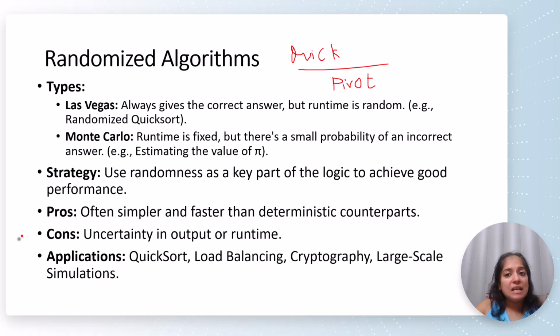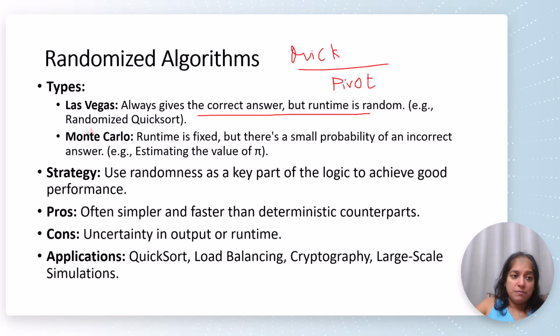So randomized algorithms basically work on a random key. They always give the correct answer, but the runtime is random. Because if you are choosing the pivot element as the last element, the first element or a middle element, the runtime will vary.